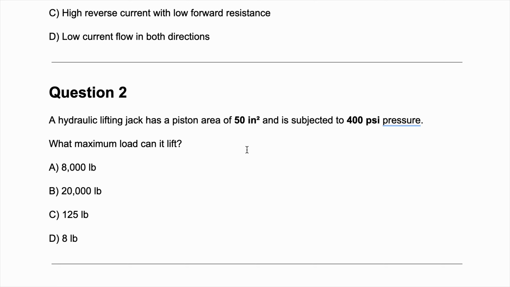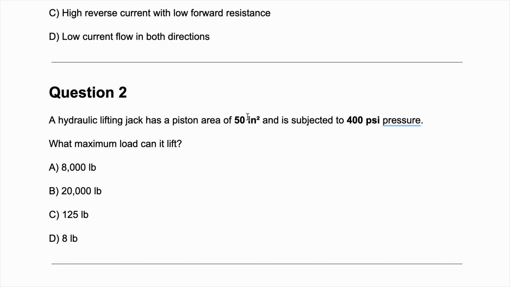So it says we have 50 square inches, and for every square inch we have 400 pounds of pressure. This is psi, pounds per square inch. So for every square inch of this 50, we have 400 psi.